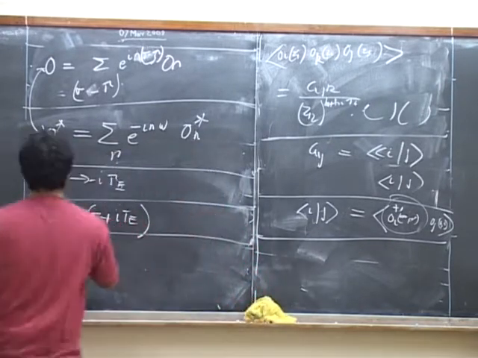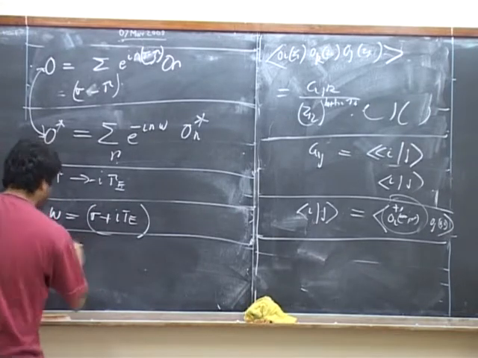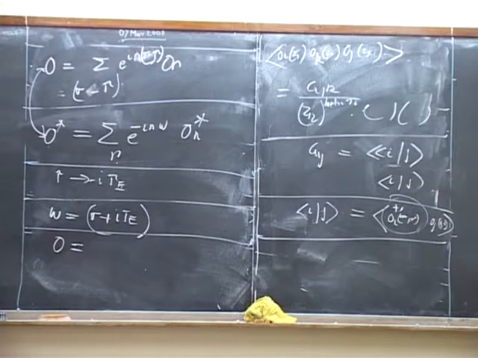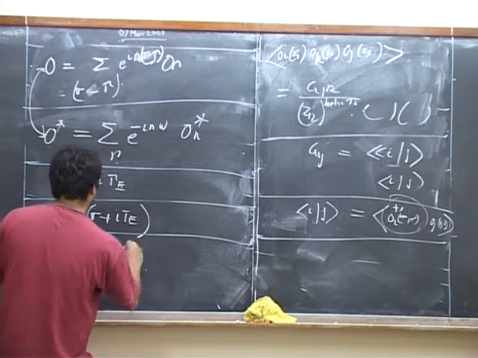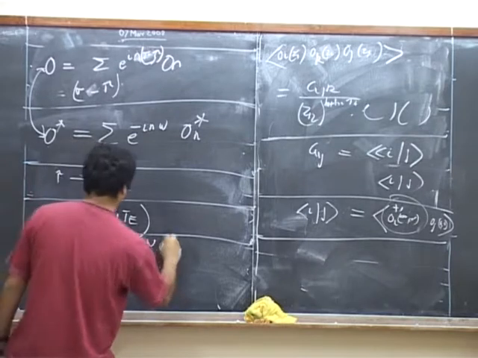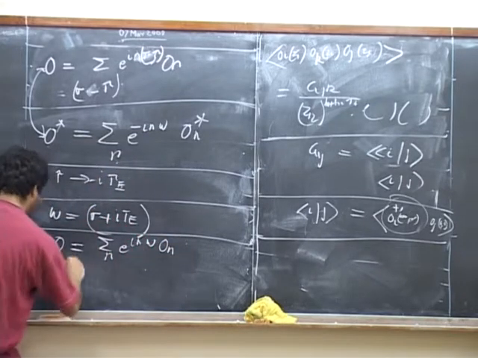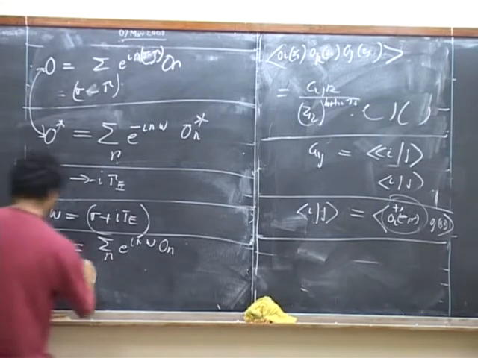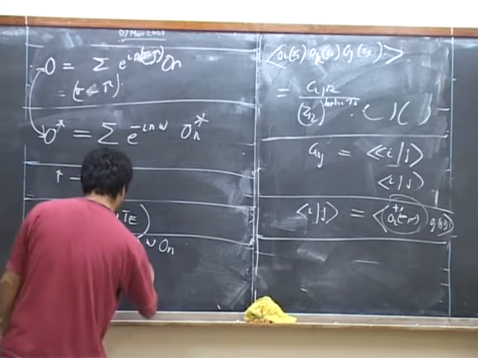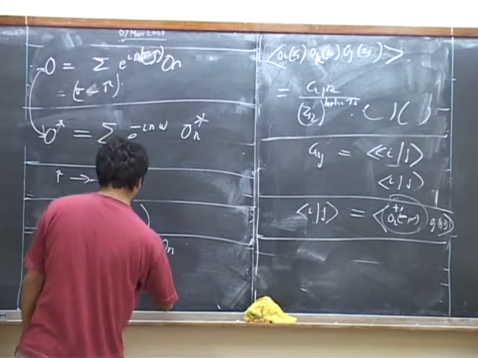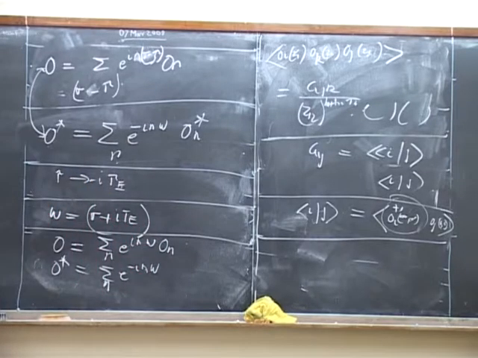Under complex conjugation, we got that O, after analytic continuation, O is now sum over n e to the power I n w O n, but O star is equal to sum over n e to the power minus I n w. No, not W star.